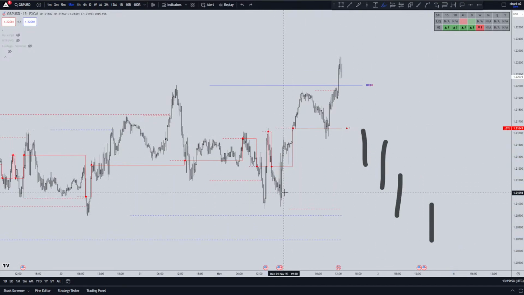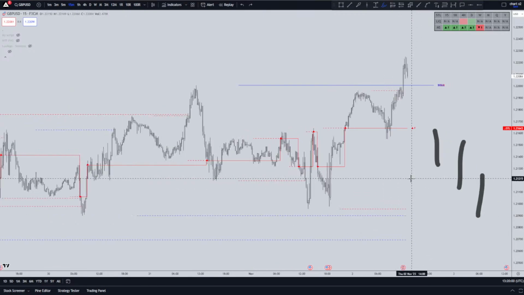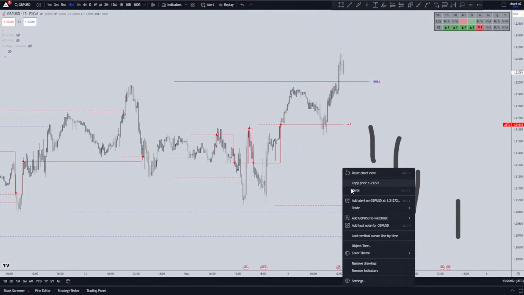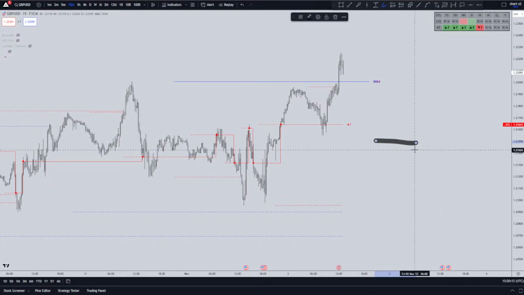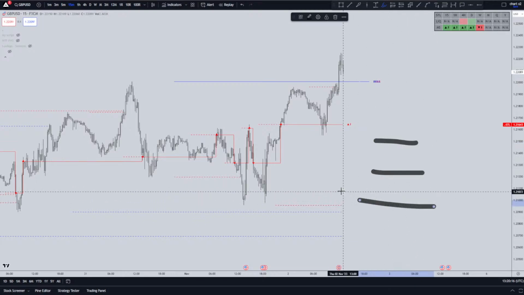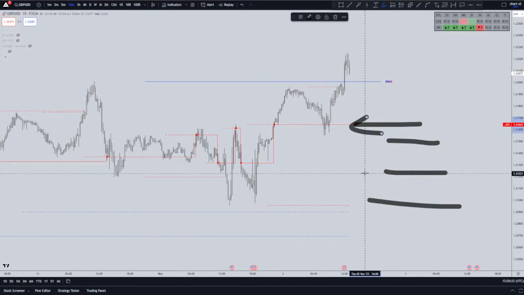So liquidity structure instantly gives you the same view, because as we mentioned multiple times, our goal is simplicity, as objective as you can, and you can't make it more objective than a single line.